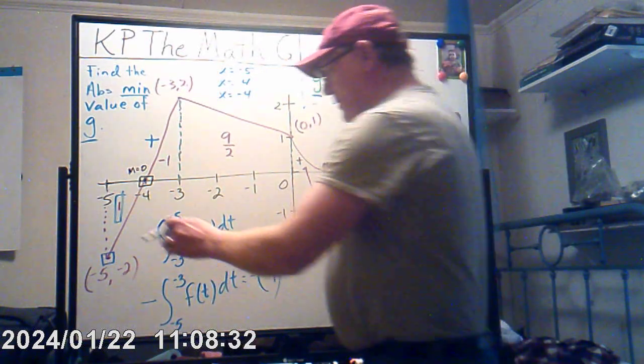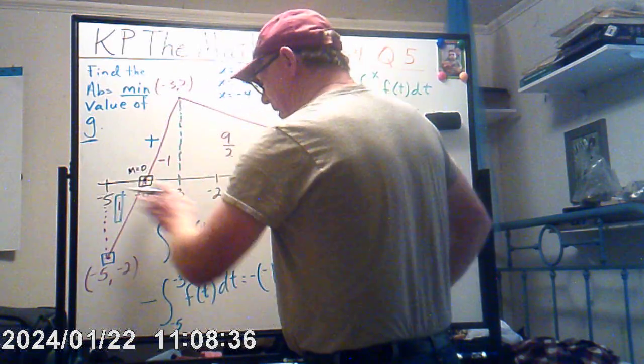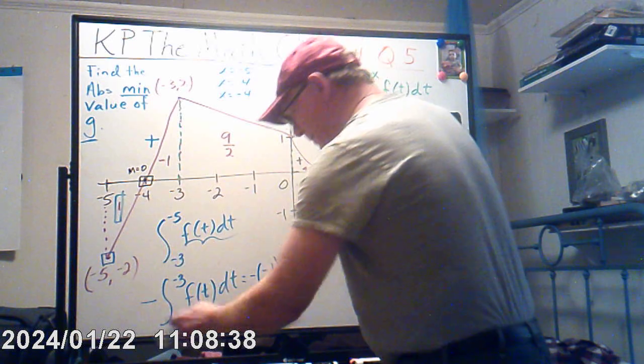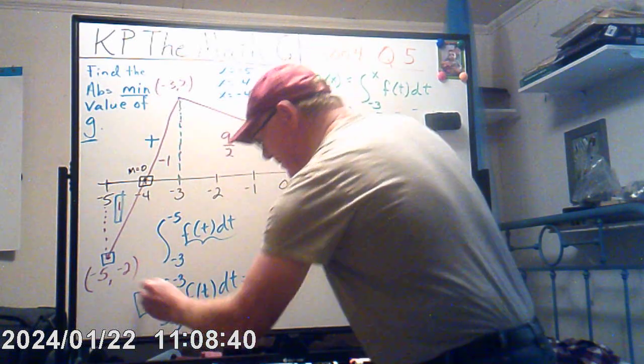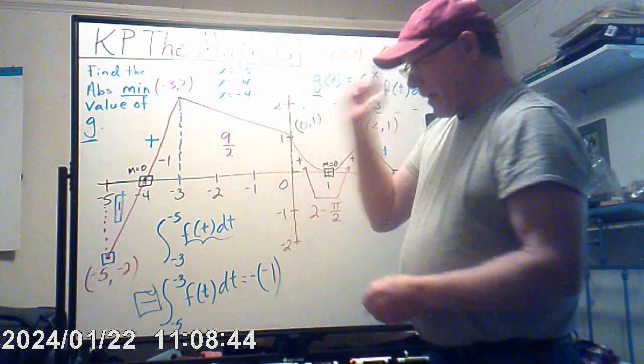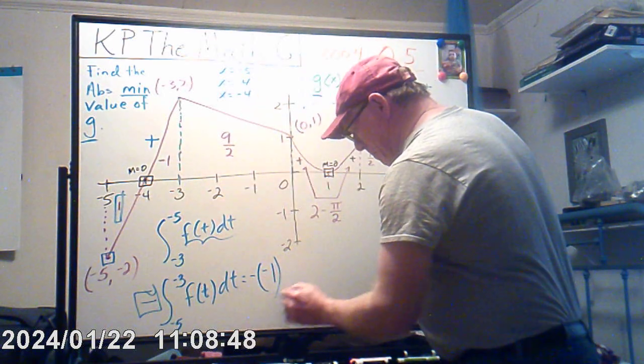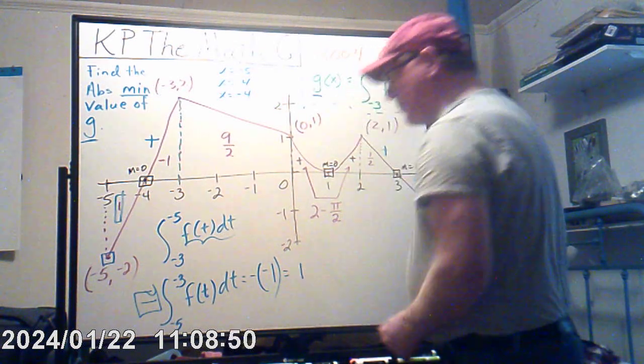Since this is to the left of negative 3 here, and we had to flip this around, we have to account for this negative sign right here. So even though this is technically negative 1, the negative makes this equal to positive 1.